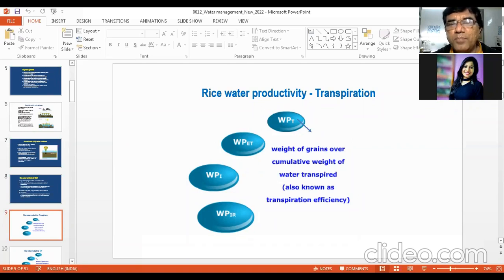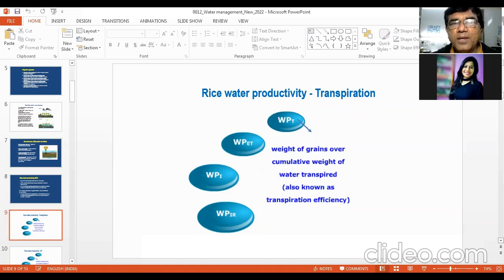For example, if you apply nutrients, nitrogen, phosphorus, potassium, and if you calculate productivity just for nitrogen, then it is partial factor productivity. If you calculate only for phosphorus, it is partial factor productivity for phosphorus or potassium. You can work out productivity of individual nutrient, then it is partial factor productivity.